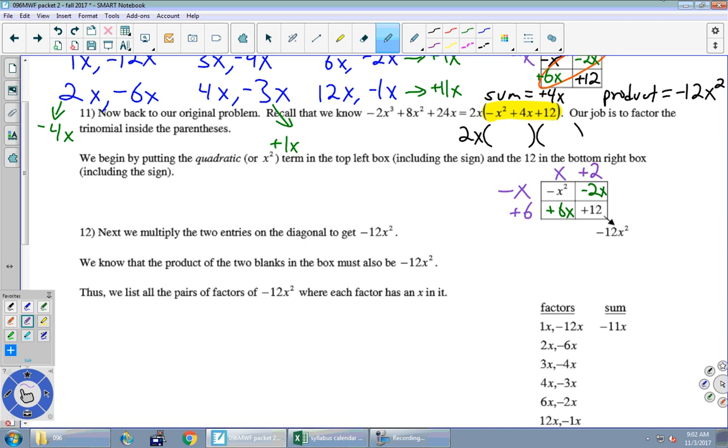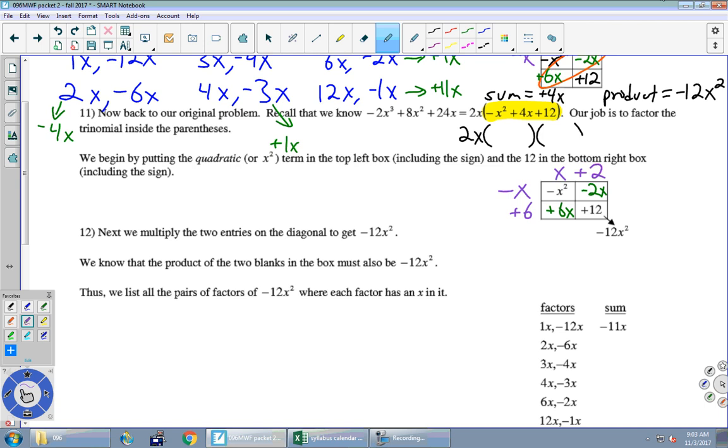If somehow up here we hadn't put a +2, but somehow we came up with a +3, what should be in the bottom right now? 18. And as soon as I see that it's not 18, I say, okay, something either outside the box or inside the box is wrong, because I cannot have a 6 and a 3 there with a 12 inside. So it doesn't really help you identify what the mistake is, but it lets you know there's a mistake, or it lets you know, hey, you probably did everything perfectly if it works out.